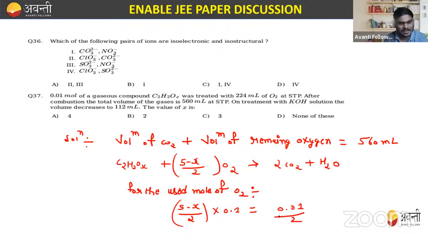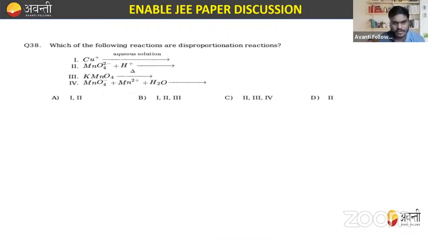This is already given, right? So on solving this, the value of X comes out to be 4. So X is equal to 4, and the correct option is option number 1. If you know the reaction of this question, only then are you able to solve it. So the correct answer is 4.